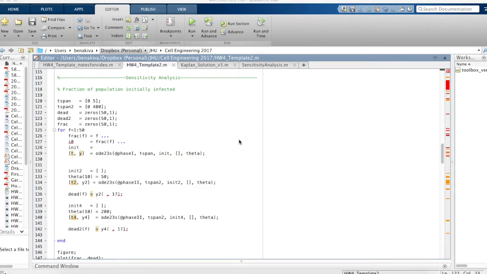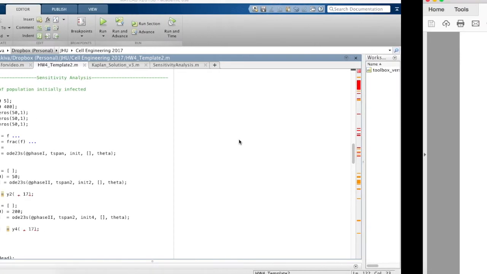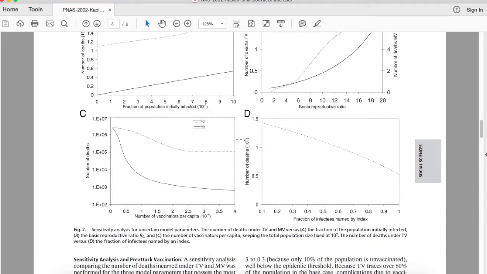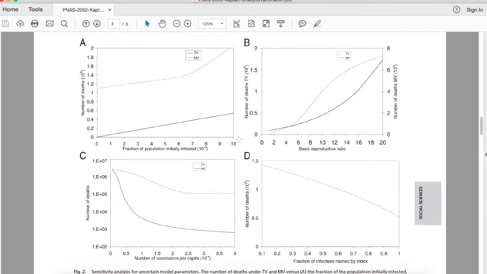So the last thing you're going to do is a sensitivity analysis, which is what they did in figure 2 of the paper. So this is basically a way of looking at how sensitive the model is to changes in a certain parameter. So here they're looking at how changing different parameters affects the number of deaths in both the TV and MV case.